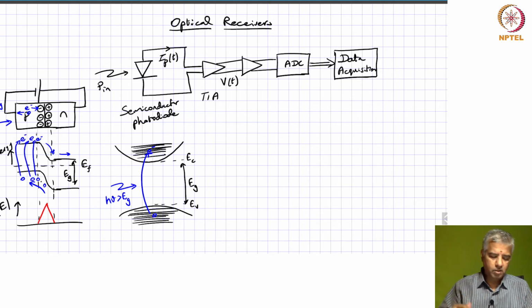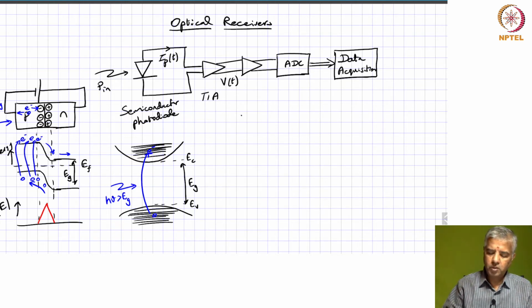So what's wrong with this? This seems to work very fine, just a regular p-n junction, right? Well, there is one fine aspect to this, which is actually limiting the response of a p-n junction.